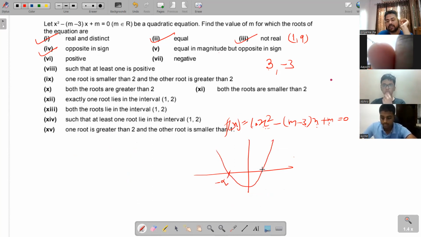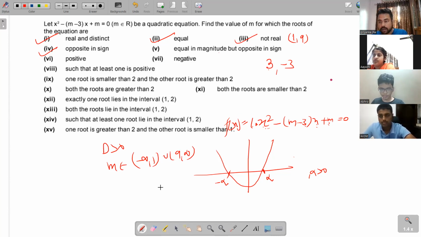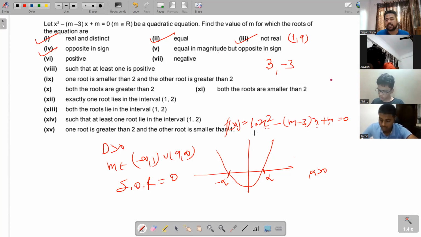If this is minus alpha, this has to be alpha, where alpha is a positive quantity. Now you can see that the discriminant has to be positive, so m will lie from minus infinity to 1, and then 9 to infinity. And because the roots are equal in magnitude but opposite in sign, the sum of the roots will be 0. From this equation, the sum of the roots, that is minus b by a, has to be 0.